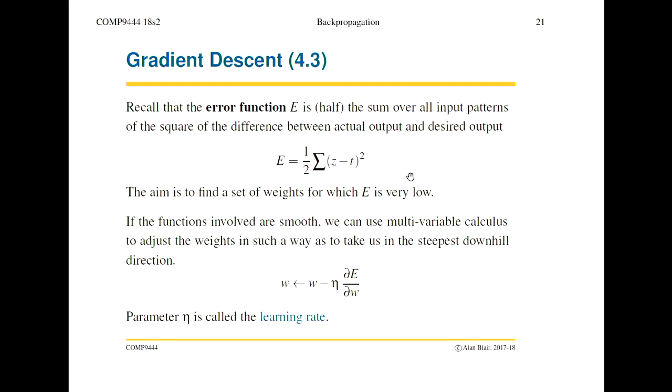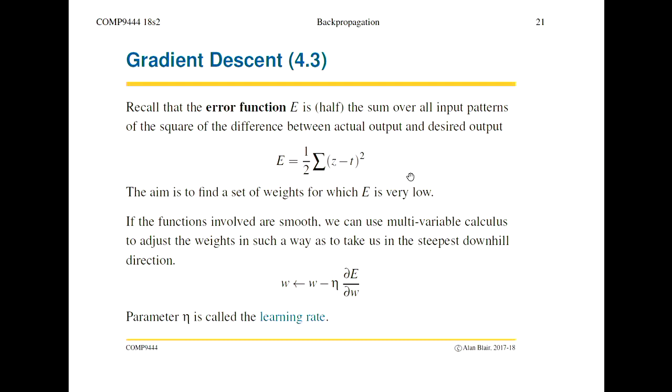Let's say the partial derivative with respect to a particular weight W is written dE by dW. Then I adjust that weight by subtracting a small number called the learning rate, multiplied by that partial derivative, from that particular weight.